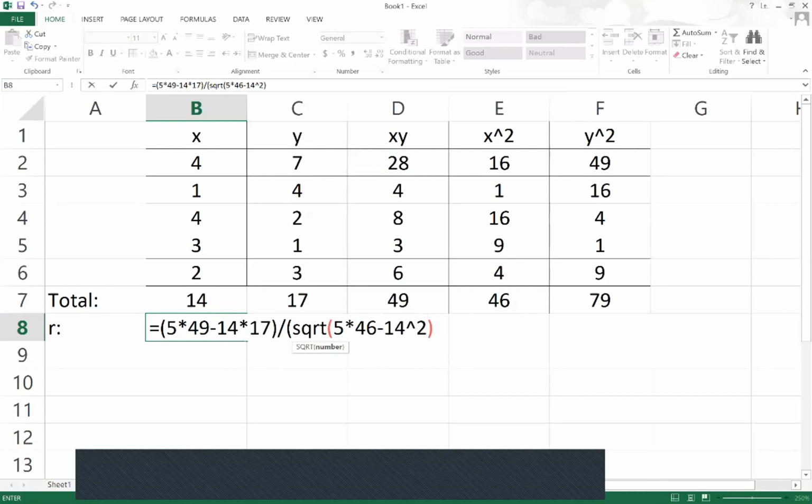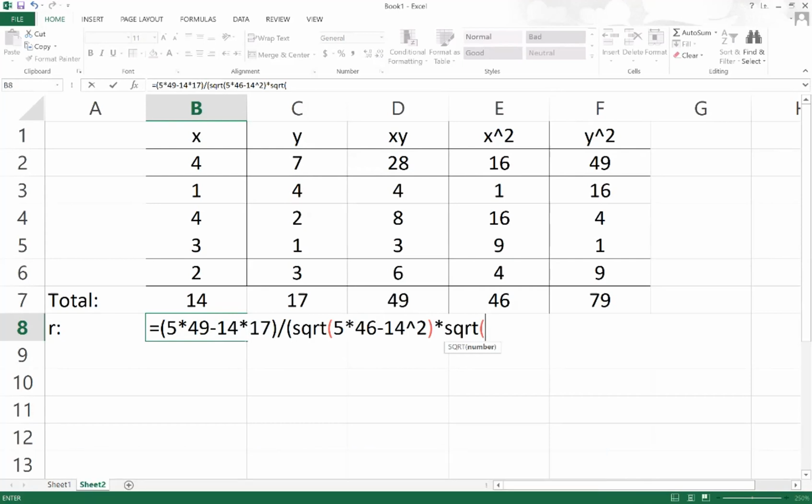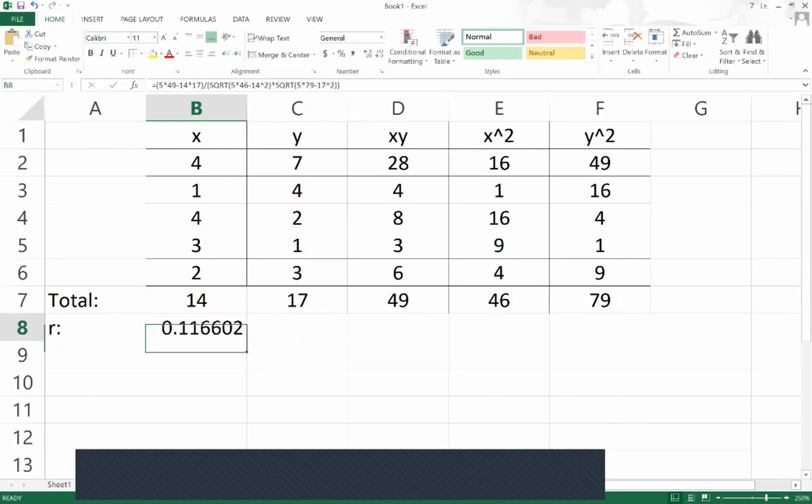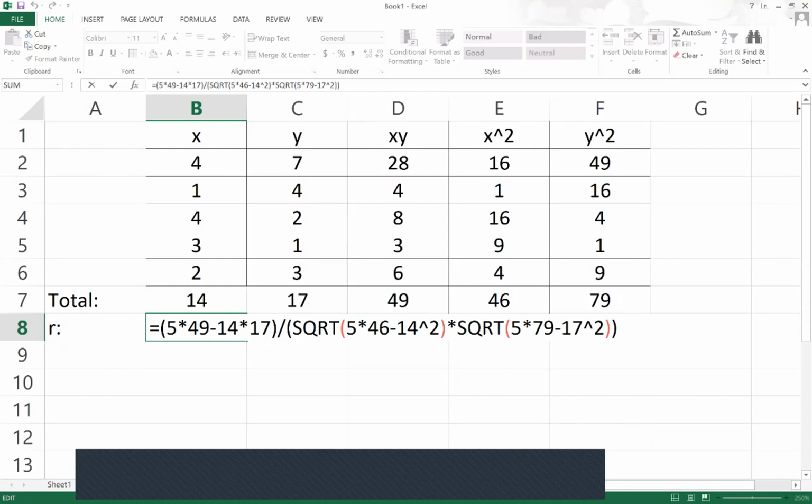Okay, and multiply by square root sample size times summation of y squared 79 minus summation y 17 squared. And let's do it, right? So that we get 0.1166. Should be 1.